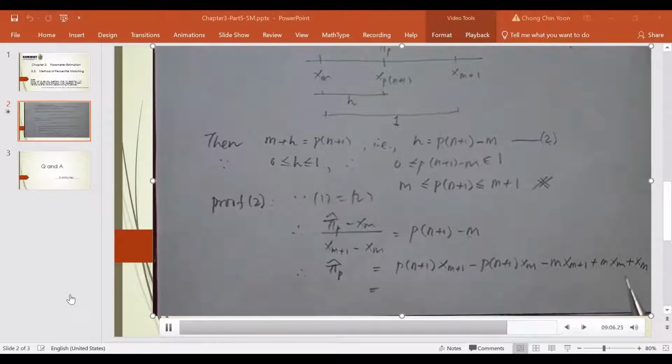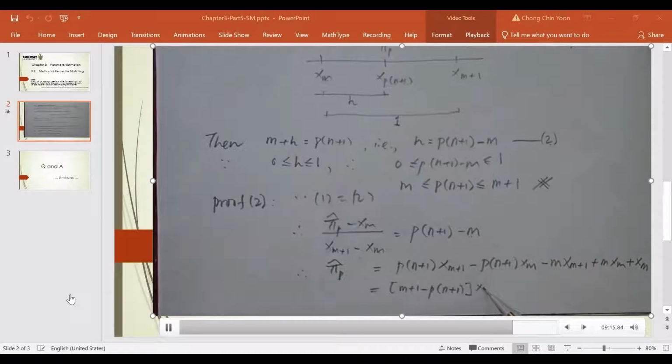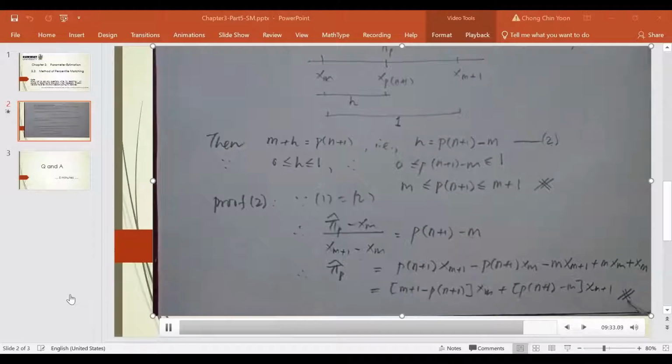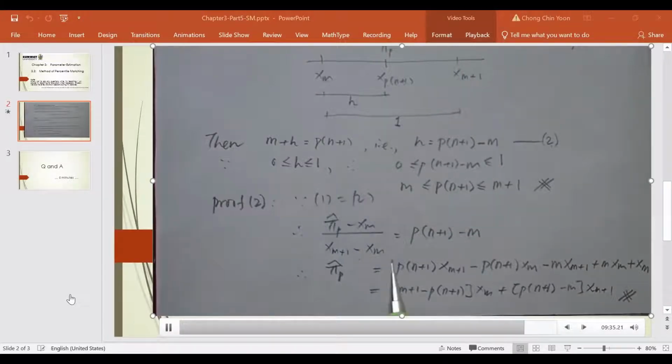So rearranging this, we will have m plus 1 minus p times n plus 1 multiplied by xm, plus p times m plus 1 minus m, and the whole result multiplied by xm plus 1. So we complete the proof for the second result.